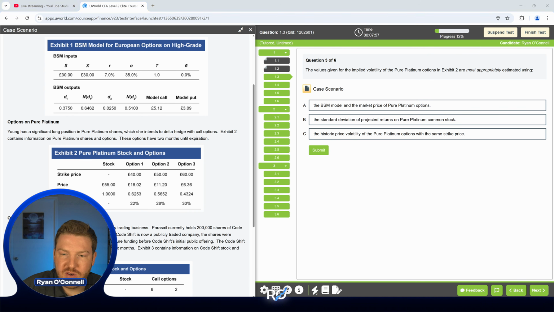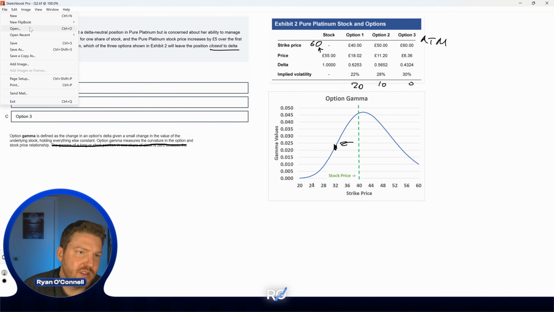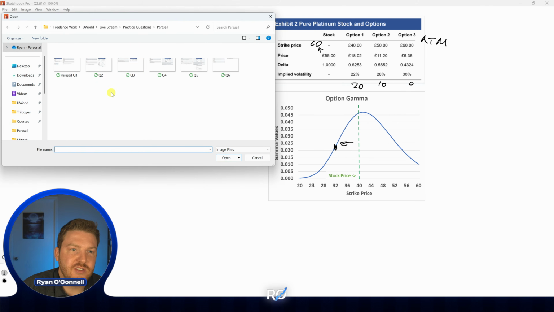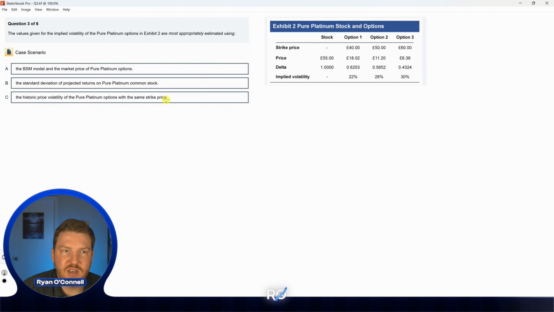So I'm going to open something that I prepared for this question really quick. And this one I actually think is pretty interesting because implied volatility is pretty interesting. So how are we coming up with these values of implied volatility? Well, with Black-Scholes-Merton, this is one of the more interesting, complex things about it.